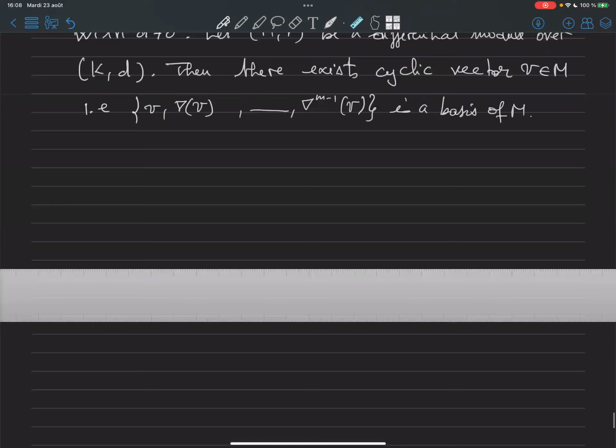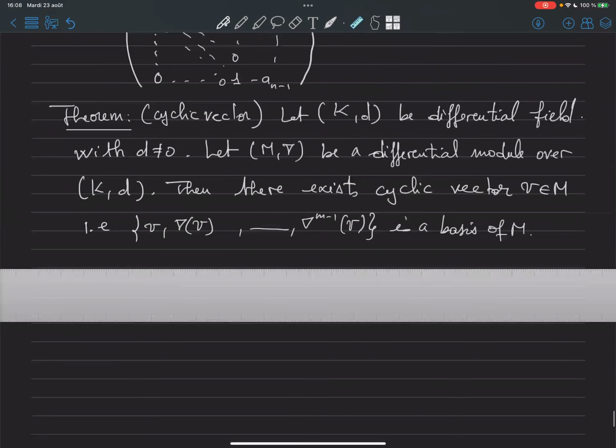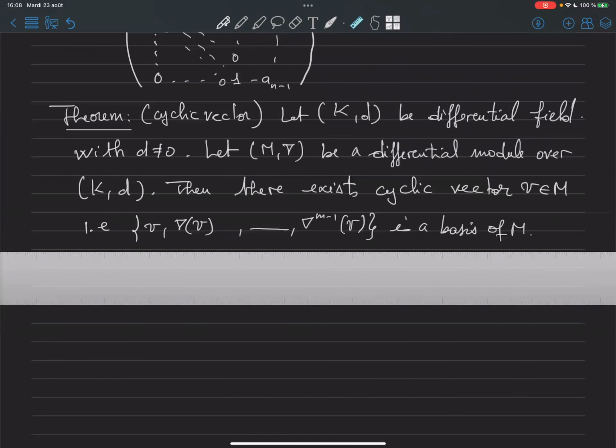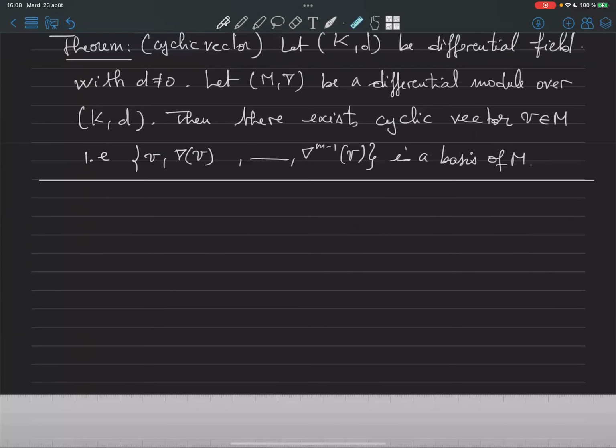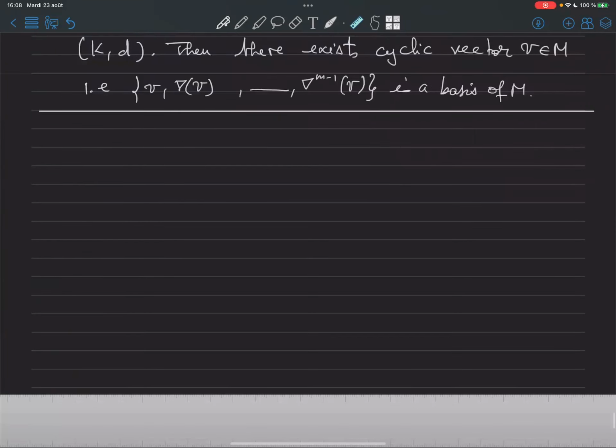Then we finished the first part of differential modules. We defined it in a linear way. Now we will pass to the case of differential polynomials, and we'll explain why we have used this notation.